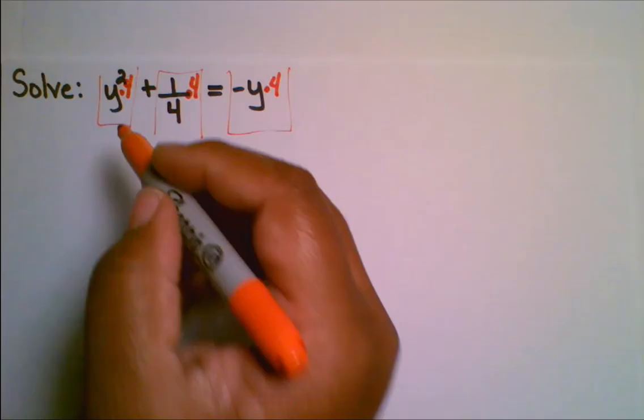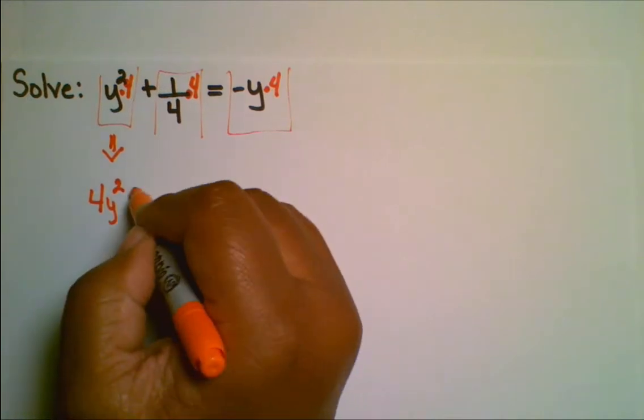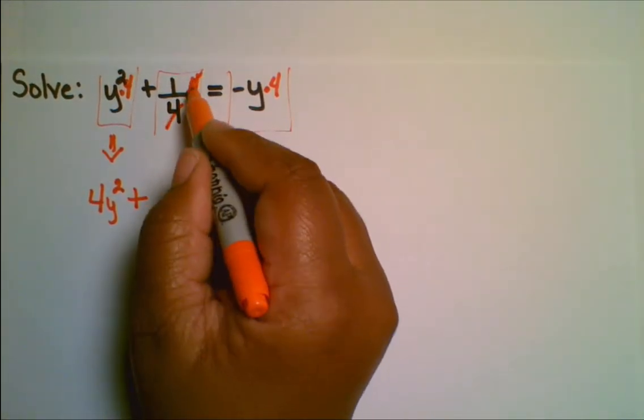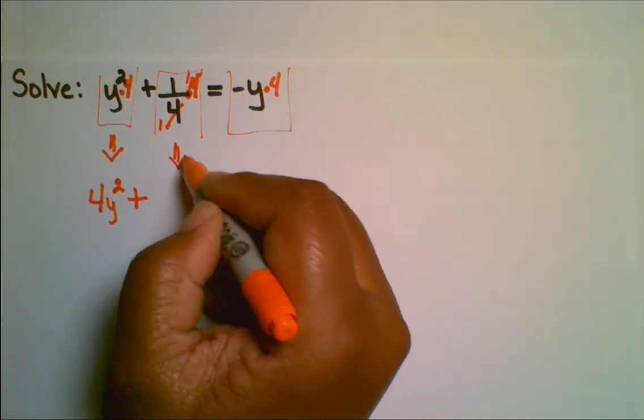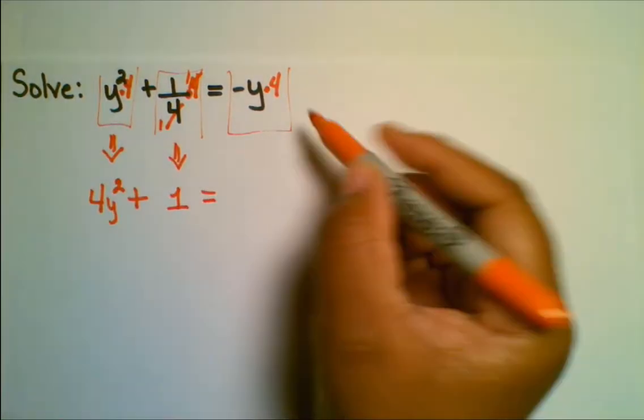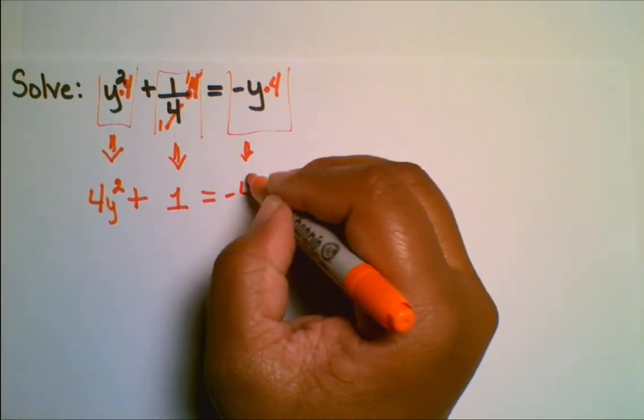So then what we have here, the first term will be 4y squared. The second term, the 4's are going to divide out and we're left with just 1, equals negative y times 4, which is negative 4y.